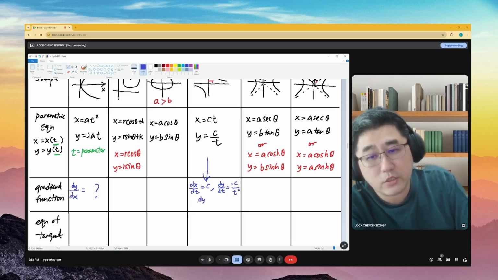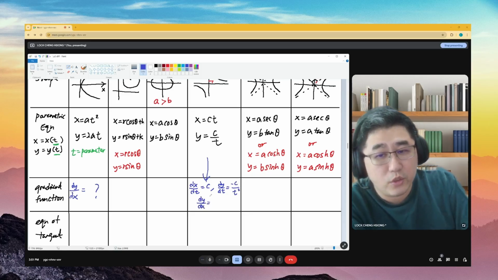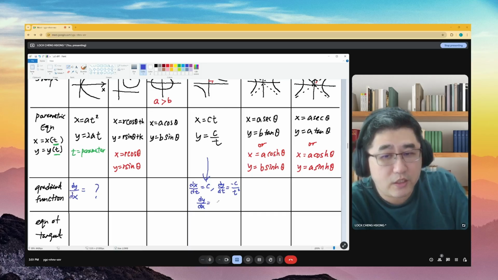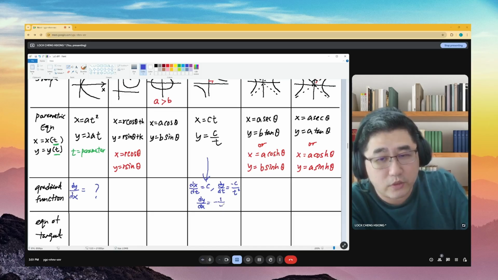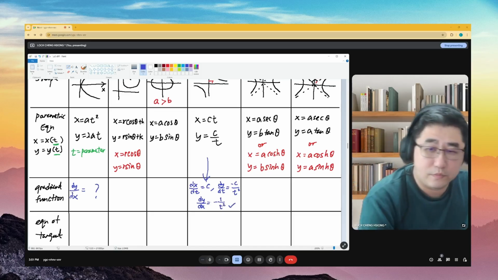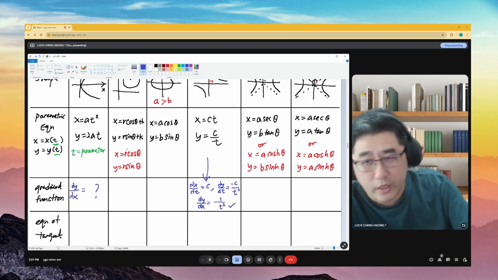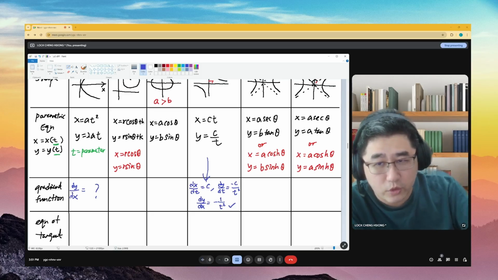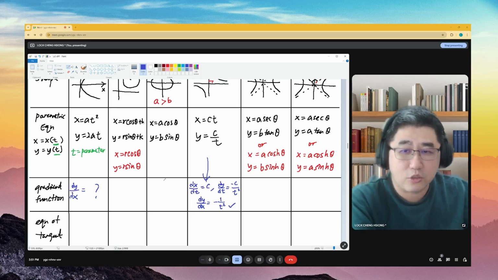Therefore, combining these two using the chain rule, dy/dx becomes dy/dt times dt/dx, so I have negative 1 over t squared as the answer. You can fill in the blanks for the rest of them, but as I say, this is not the official syllabus. This is just an example for this particular section.